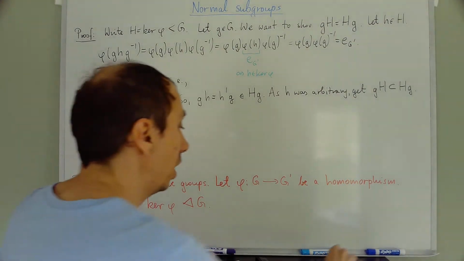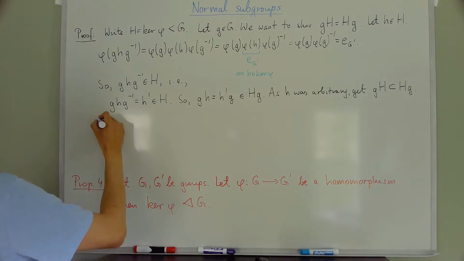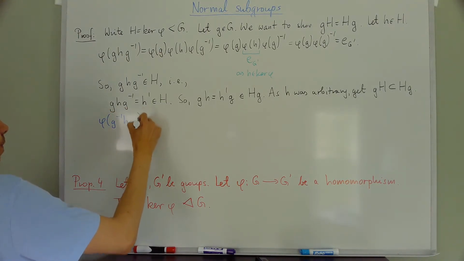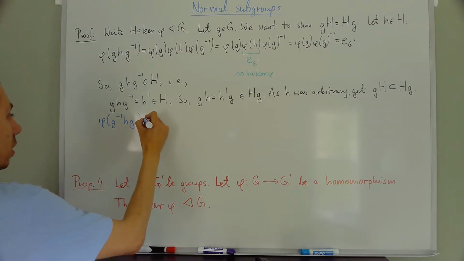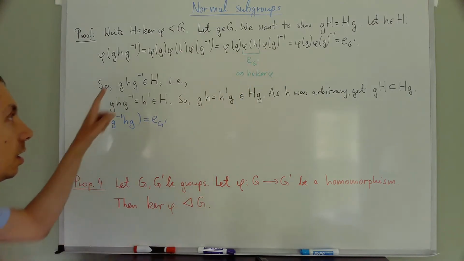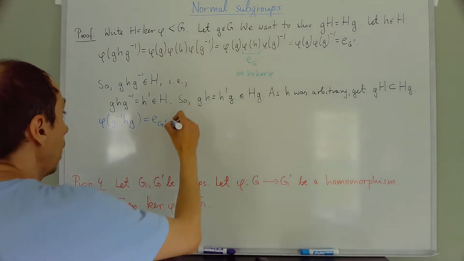How do I get the other containment? Well, I look at a similar expression, except I put g inverse first. And you see this is also equal to e'. Same calculation. Just do the same calculation on this and you will also get e'.